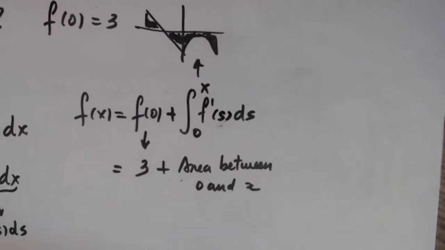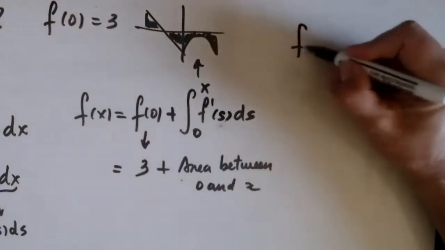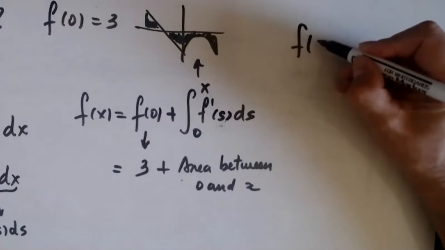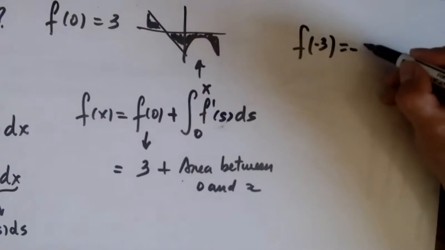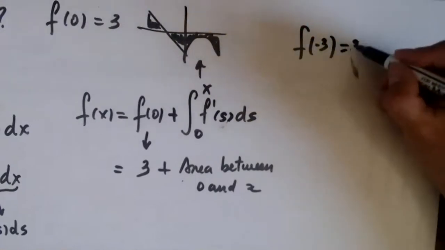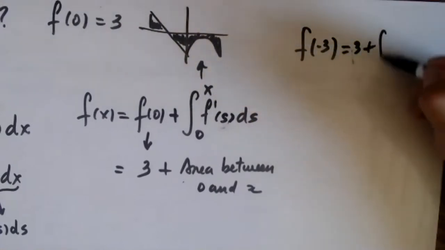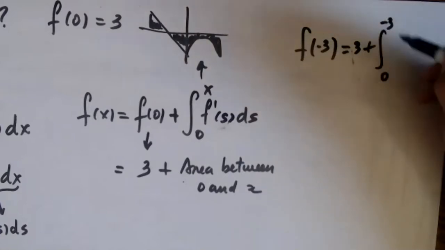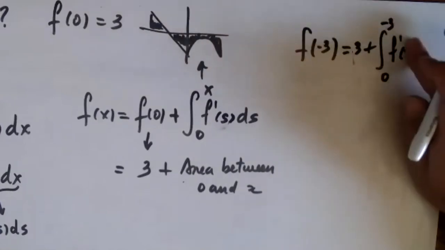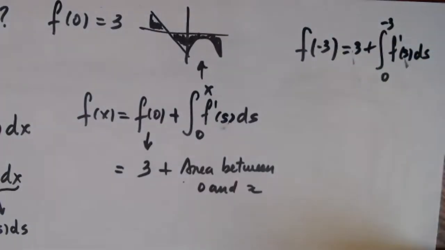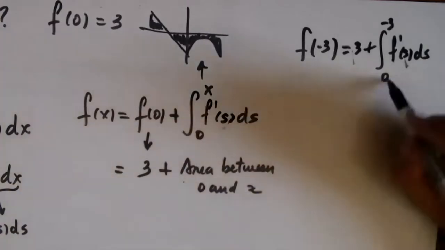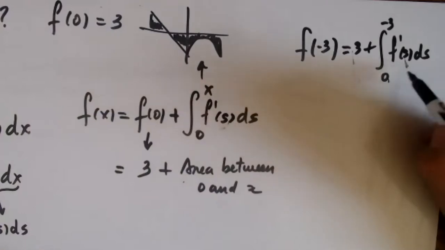And now I have to get f of -3. So it's going to be 3 plus the integral from 0 to -3 of f prime of s ds. Correct? Now, I have to solve this area.